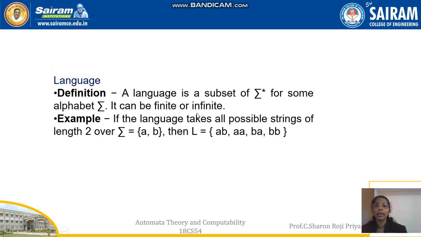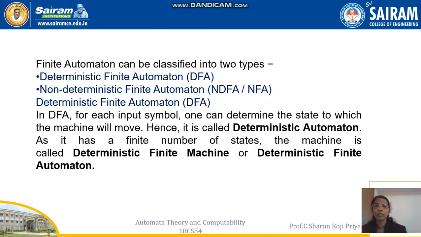Language. A language is a subset of sigma star for all possible alphabets. As I said in the previous video, what is finite automata? My model should have a finite number of states.